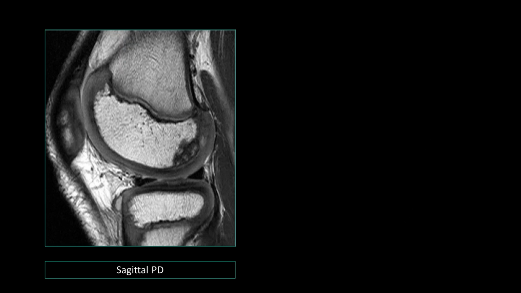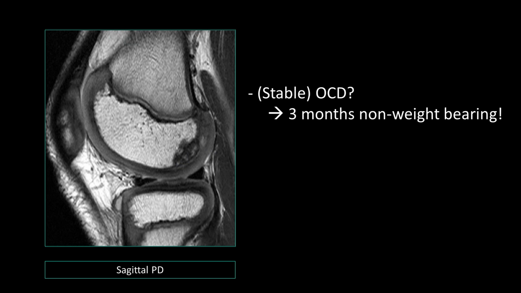Here we see the sagittal PD image of the MRI examination, which shows that the lesion is located in the posterior third of the medial femoral condyle. The lesion is generally low in signal intensity on these PD-weighted images, with some foci of high signal intensity. Based on this image alone, it might appear as if we are dealing with a case of stable osteochondritis dissecans.